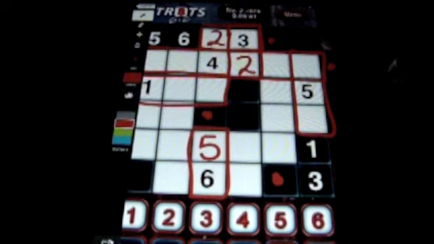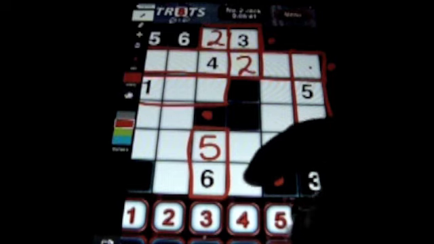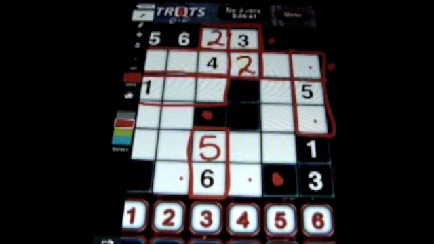Over here is a perfect opportunity to explain the white numbers in black cells. We have a 1 and a 3 as white numbers in a black cell. That means 1 and 3 may not appear in these two spaces, and the 3 may not appear in this space.